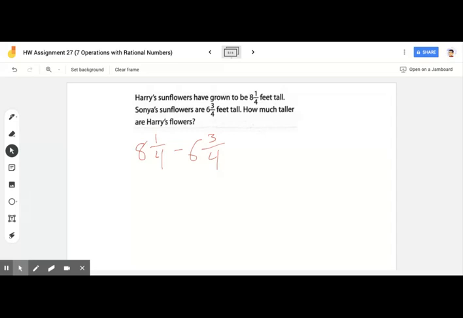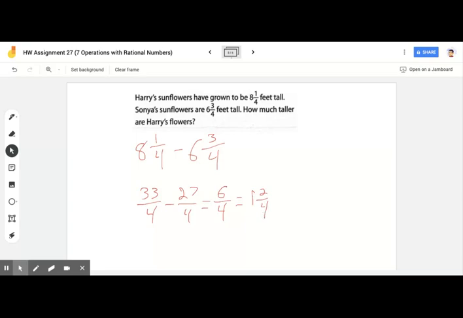All right. So let's go ahead and turn these into improper fractions. 4 times 8 is 32, plus 1 is 33, so 33/4. Minus 4 times 6 is 24, plus 3 is 27, so 27/4, which is going to be equal to 6/4, which as a mixed number is going to be 1, and let's see how much is left there. 4 goes into 6 one time with a remainder of 2, so 1 2/4.